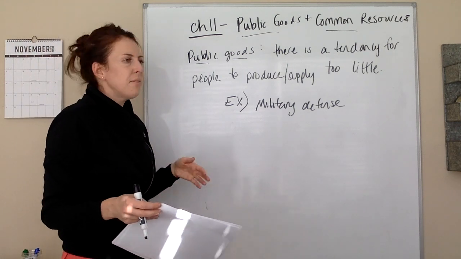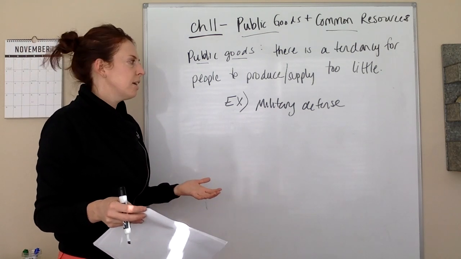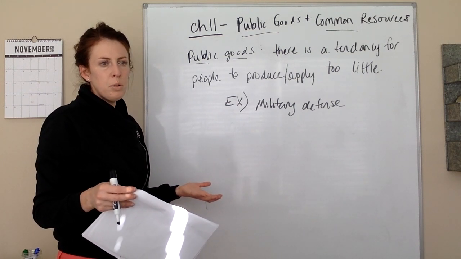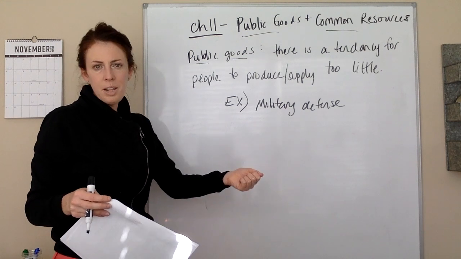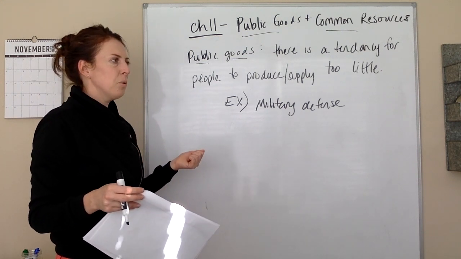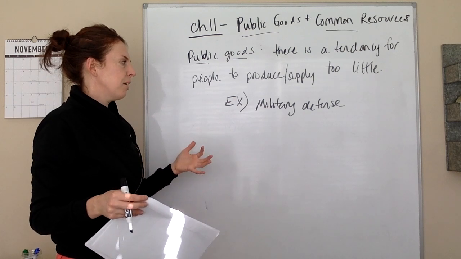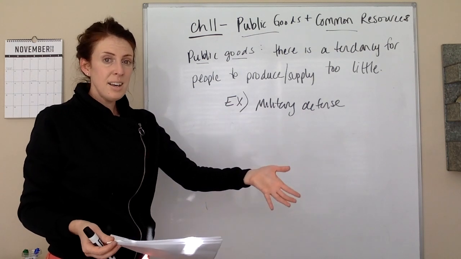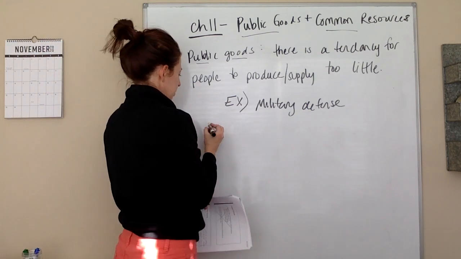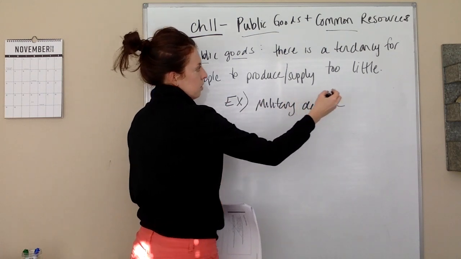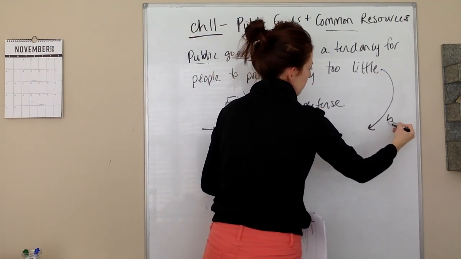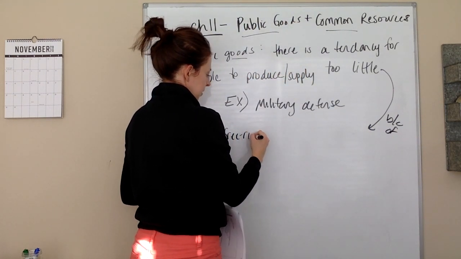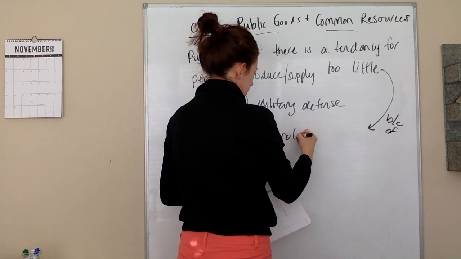If we left it to private citizens to provide military support, you probably wouldn't have a lot of people chipping in money for the military, or offering to supply military support, because of the free rider problem. Okay, too little. They provide too little because of the free rider problem. Okay, what is the free rider problem?